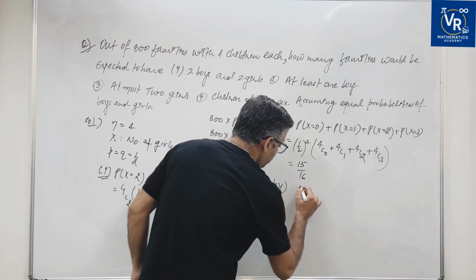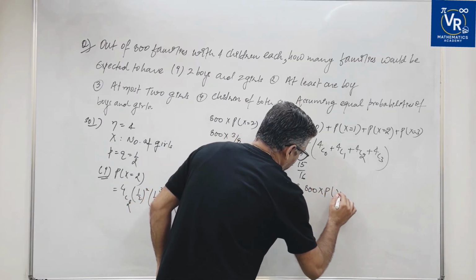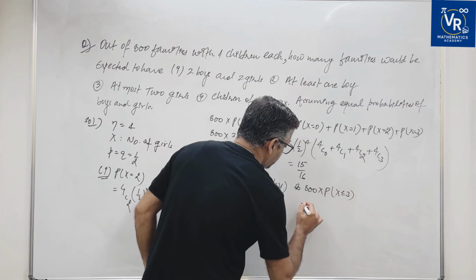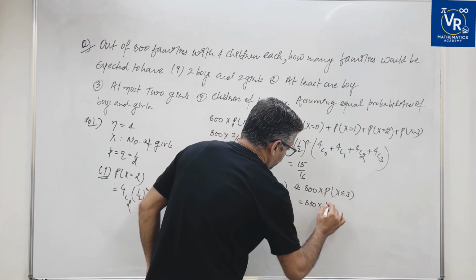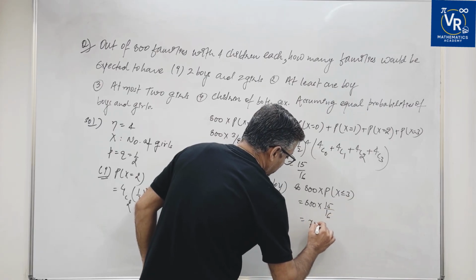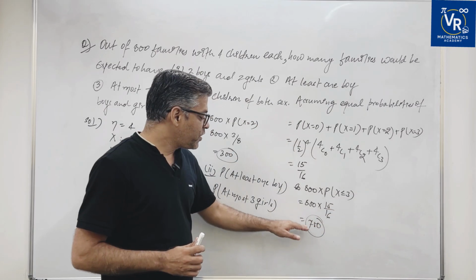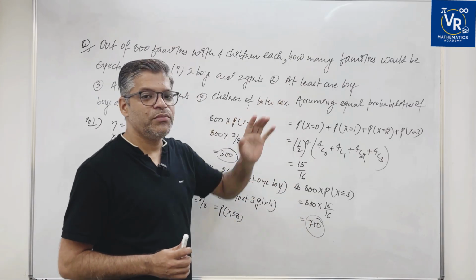And out of 800 families, 800 into probability of x less than or equal to 3. So this can be written as 800 into 15/16, and this will be 750. So 750 such families in which we have at least one boy.